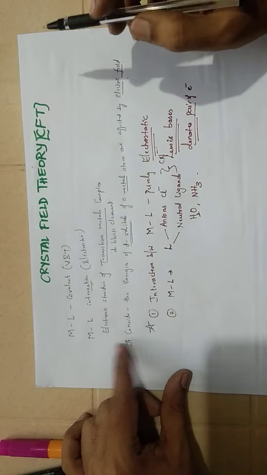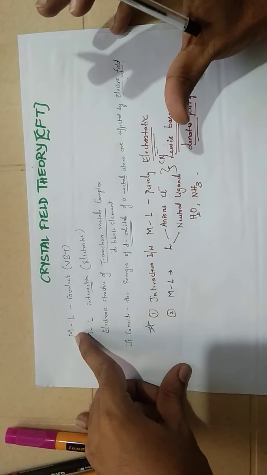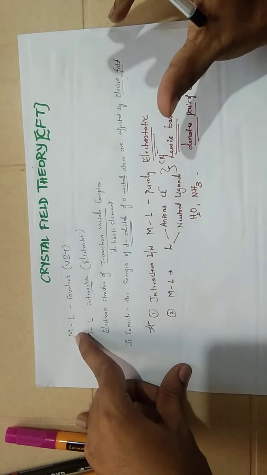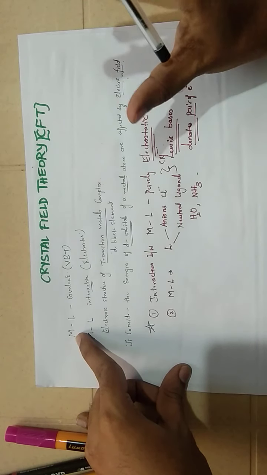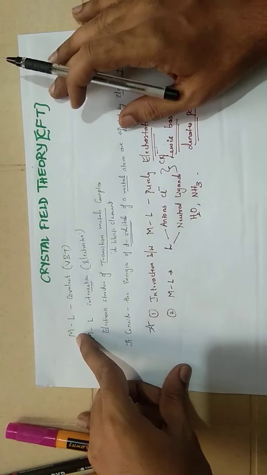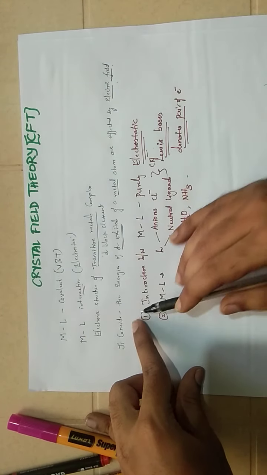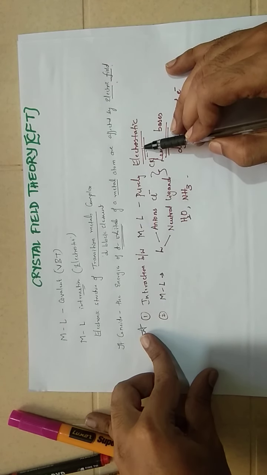Here we consider the metal as the positive center and the ligands as the negative center. So when they interact, the interaction is purely electrostatic. We are not dealing with covalency; covalent character is not dealt with in crystal field theory, right? Next, the postulates: the interaction between the metal and ligand is purely electrostatic in nature.